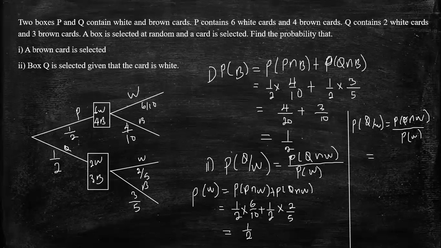So probability of Q, we're going to get it here, it is a half, times W, which is the intersection, which we are picking from Q, which is 2 out of 5. Then this divided by a half. So I think the half cancels out, and then we remain with the 2 out of 5.